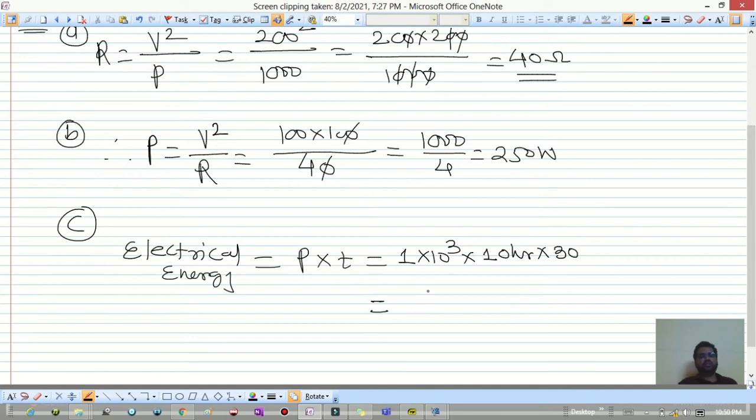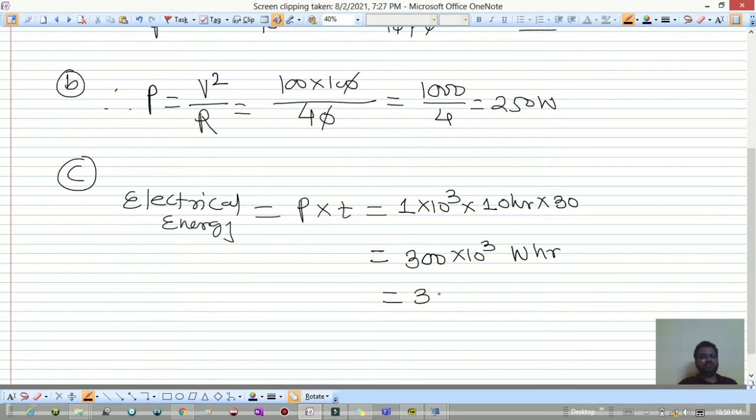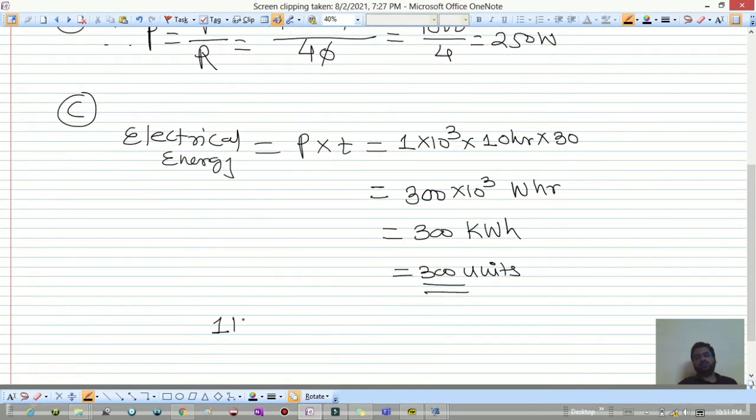So we want it in the form of kilowatt hour, right? If you multiply with 30, you will get 300 into 10 to the power 3 watt hour, but we want it in form of kilowatt hour. So 300 kilowatt hour, which is equal to 300 units. 1 kilowatt hour is 1 unit, that you need to remember. So I hope this is clear.